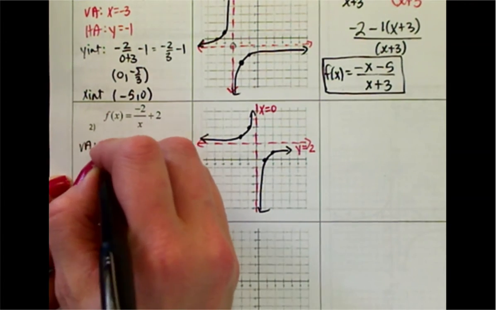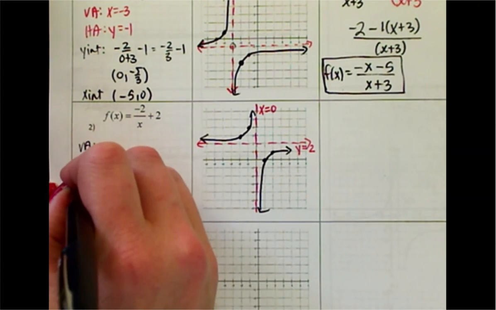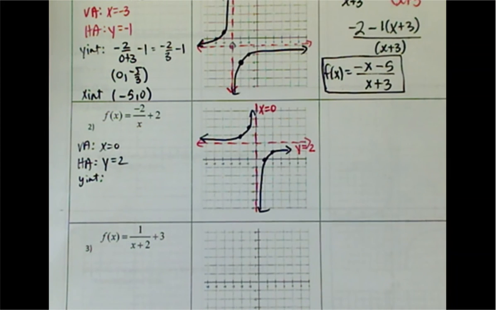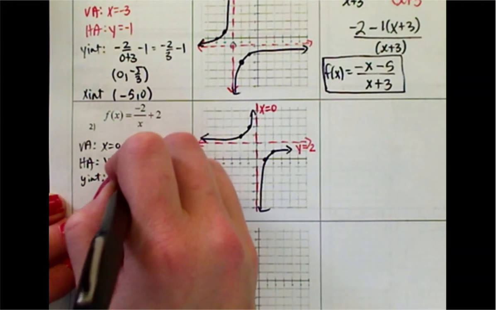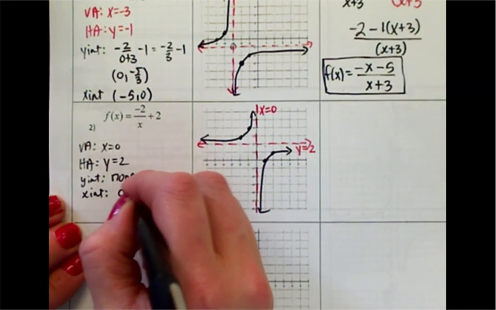So my VA, my HA, oh, my y-intercept, there is none. Look at that asymptote. There is no y-intercept. X-intercept. In this case, I'll show you what solving for it looks like.